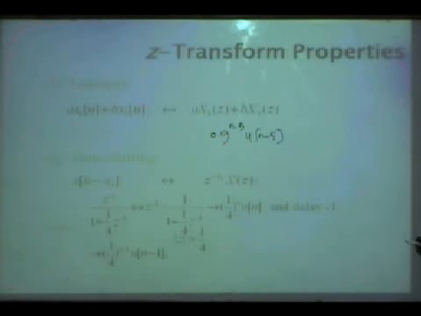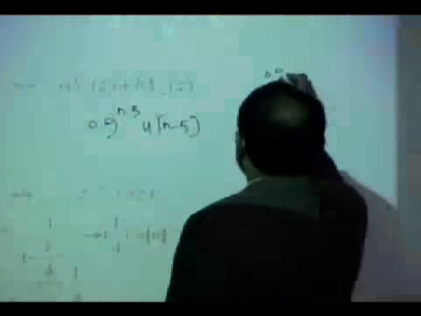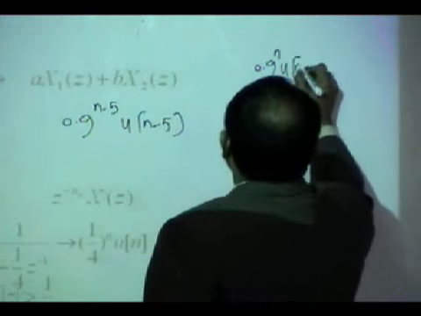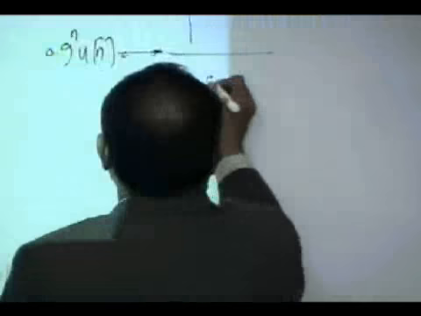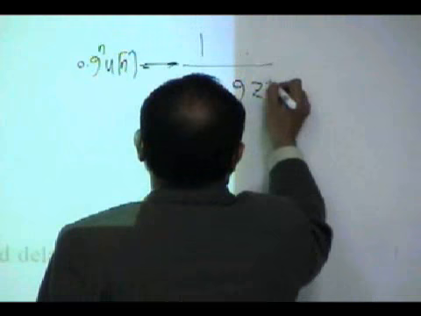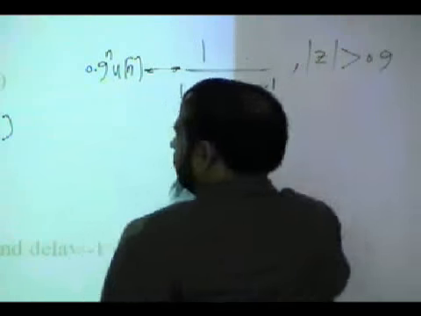What is the Z transform? You say, okay, I know the Z transform of 0.9 to the n u of n, which is 1 over 1 minus 0.9 z inverse, and always write the region of convergence.